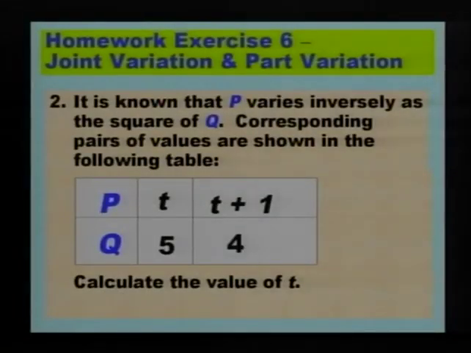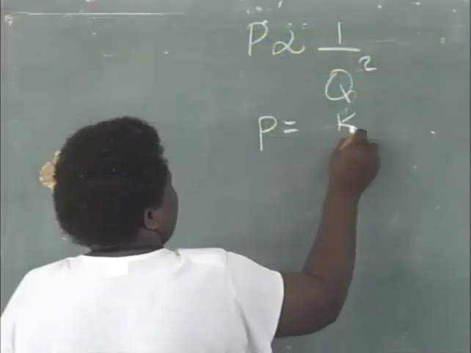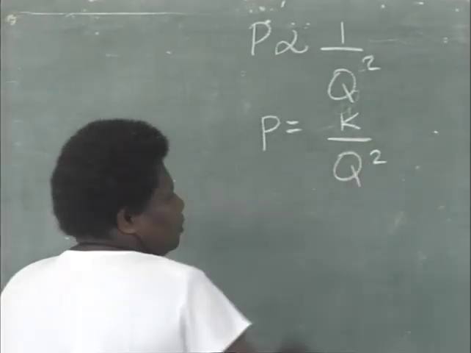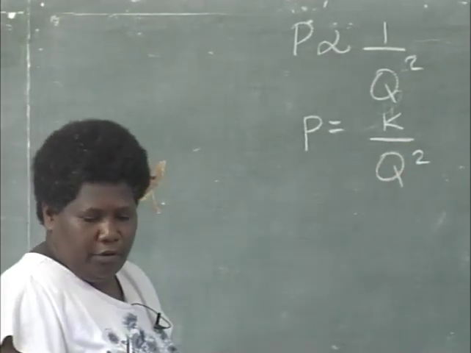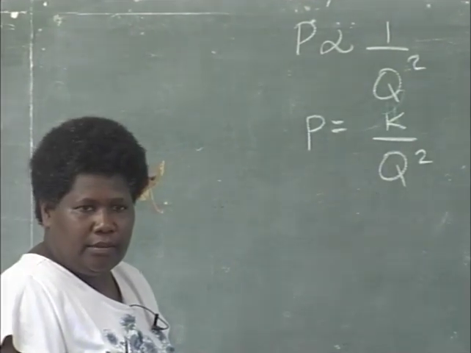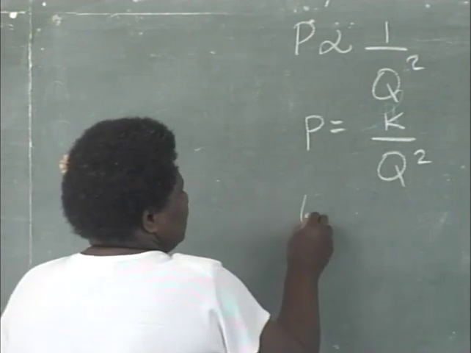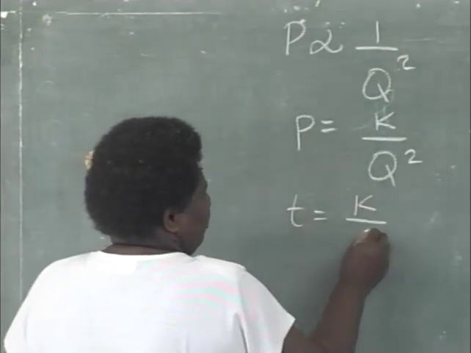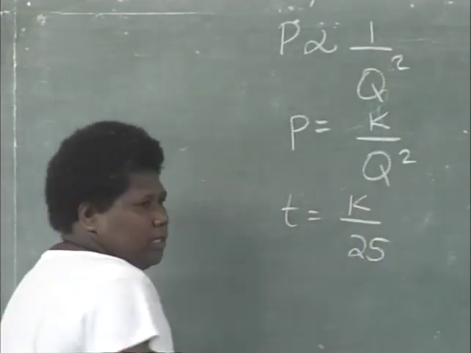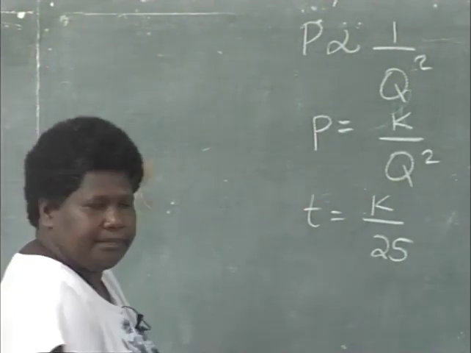You are told P varies inversely as the square of Q, which means P is equal to K over Q squared. The value for P is T when Q is 5. So T equals K over 5 squared, which is 25.